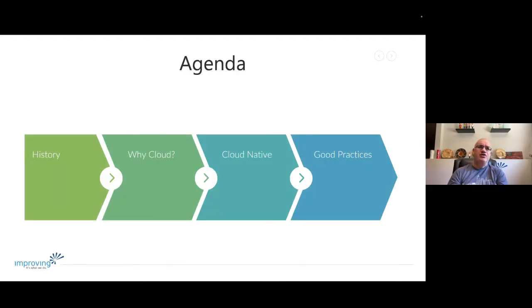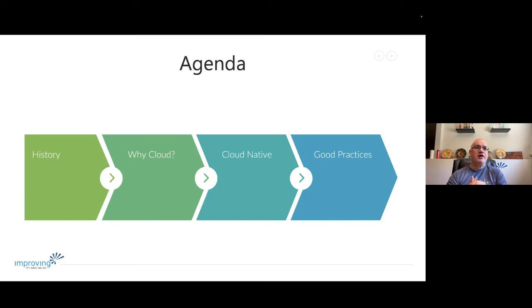Today, I want to set the stage for how we got to where we're at today with clouds and cloud applications, and how that is fundamentally different than where we've been in the past in terms of computing and application development. I want to talk specifically about why the cloud is important and how it's different than maybe your traditional data center or your server running in the back room at your office, right?